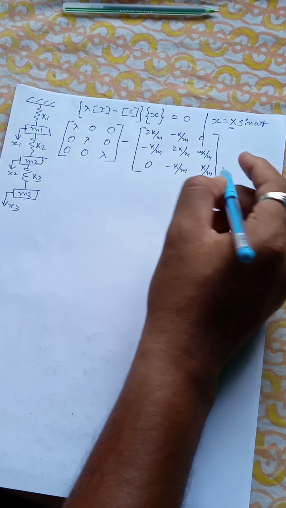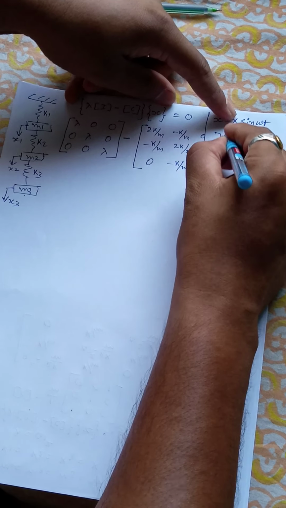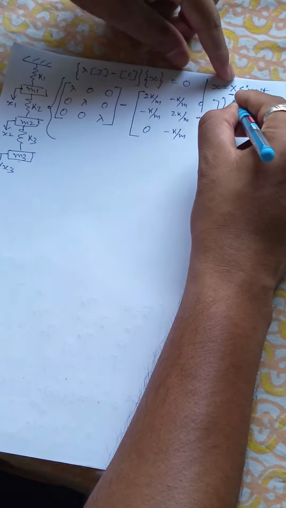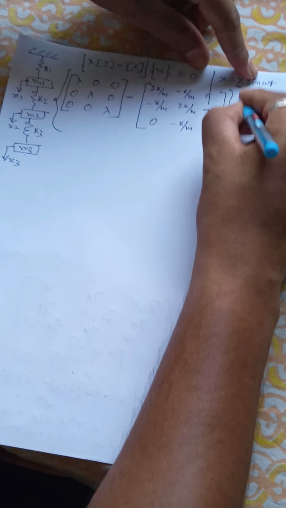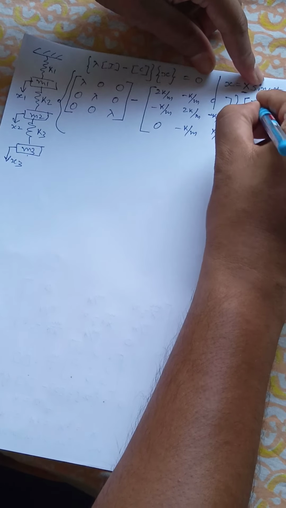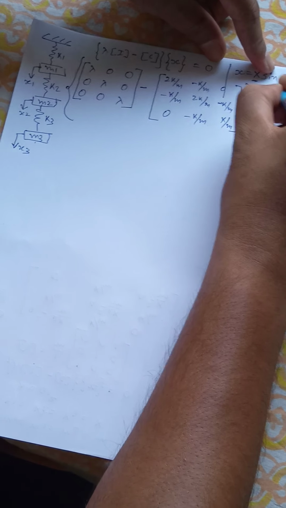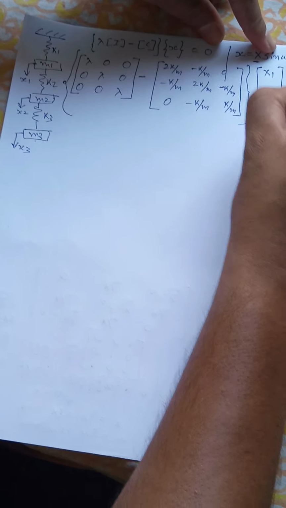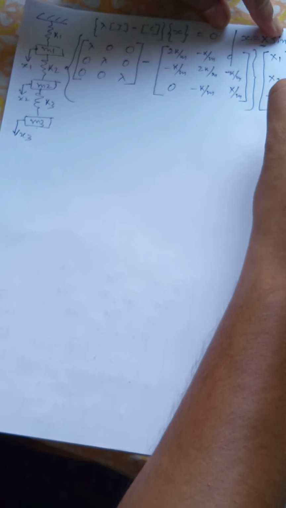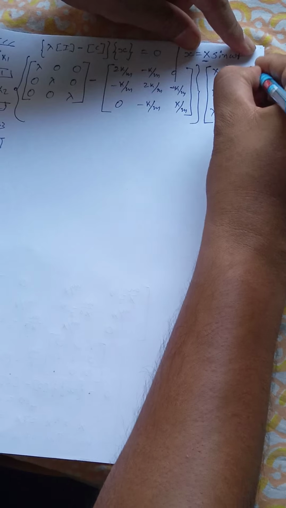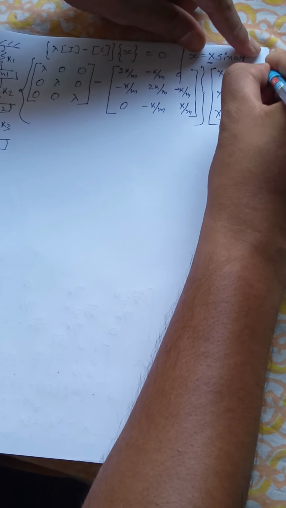This we have seen yesterday, so I am not going to repeat how it has been derived. The amplitude vector X1, X2, X3 sine omega t will be nullified because of this 0, so the right side is 0, 0 and 0.